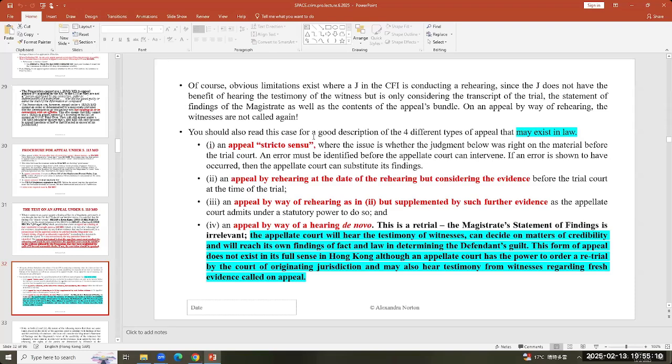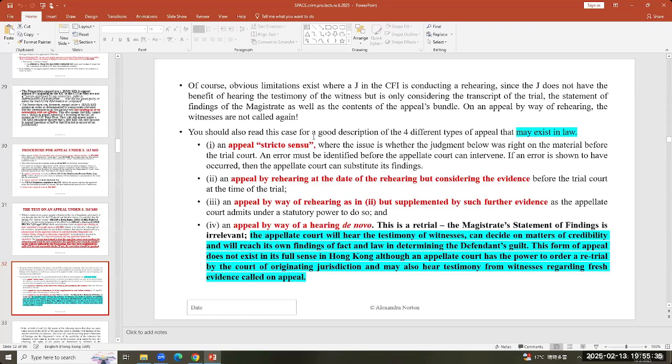There are no depositions that are created, so that language is quite misleading. What he looks at is the transcript of the trial and the findings of the magistrate, as well as what's in the appeal bundle. He may not get the whole transcript, but he will get those parts that the parties have agreed are appropriate to go before the appeals court.